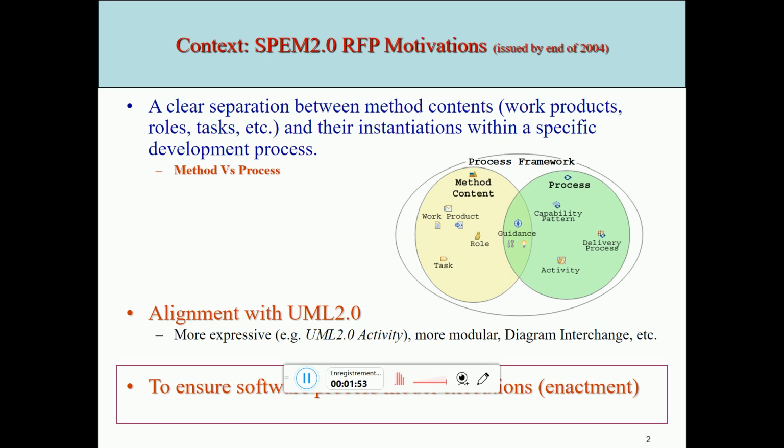And at that time also people were starting to work on the foundation of executable UML. And finally, the last requirement of this RFP was that the SPEM process model should be executable. And this is where Benoit and I were interested in contributing to this standard.